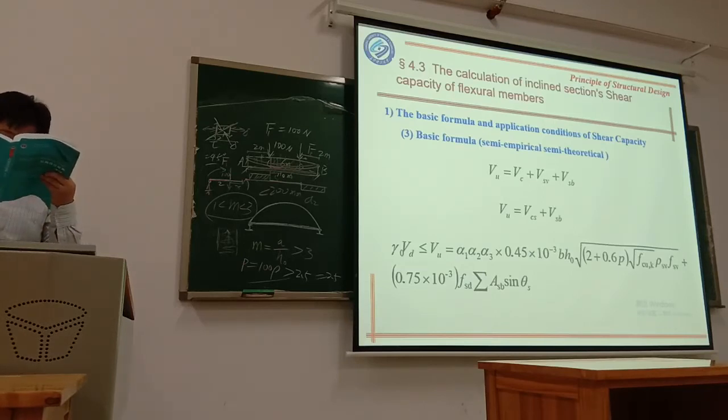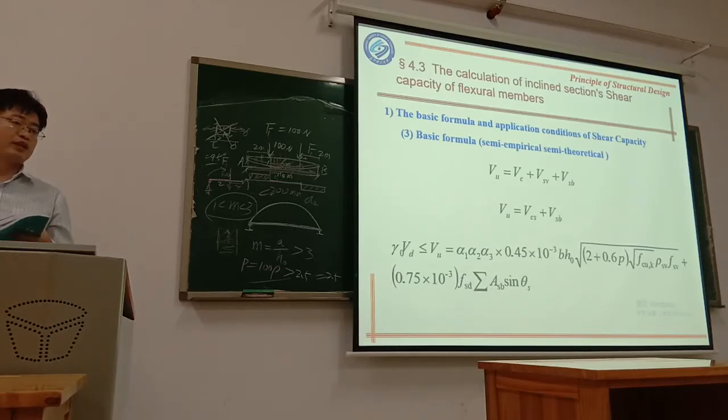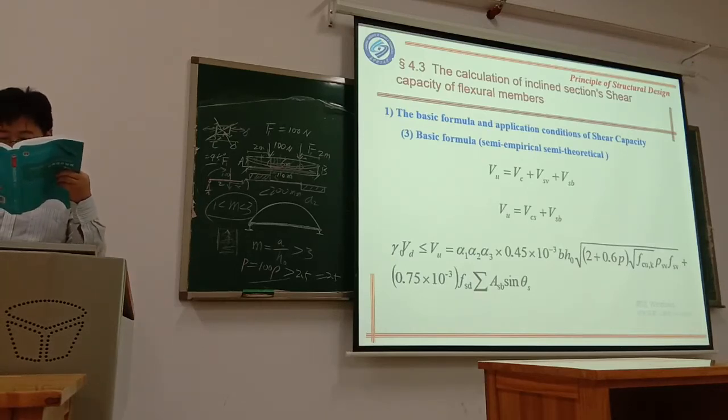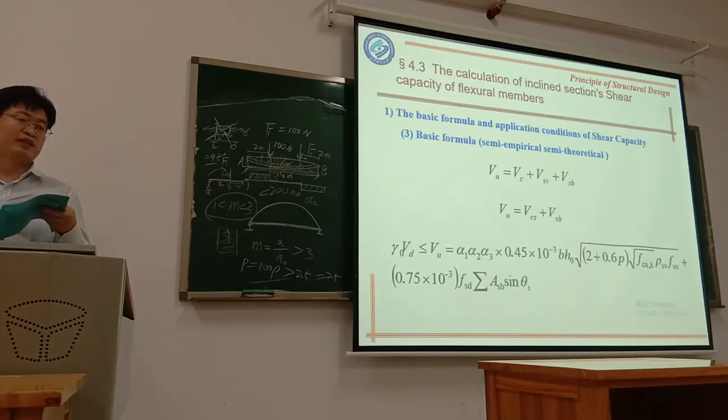The standard value and the design value for the same concrete. Suppose we see concrete C30. The standard value of compressive strength is 20.1, while the design value is only 13.8.